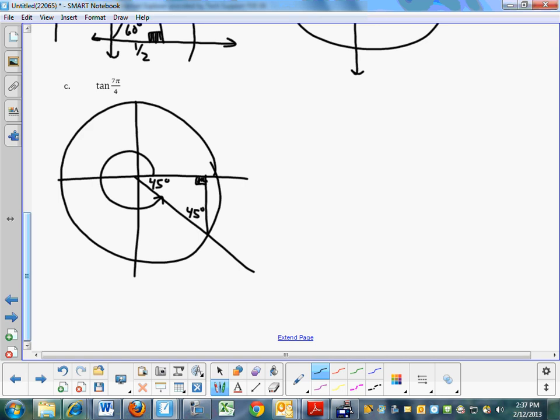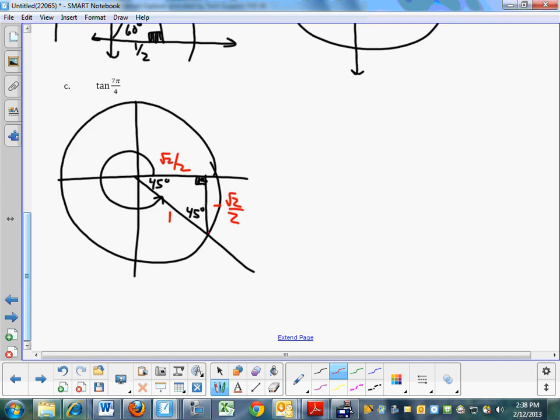Tell me, what is the R value? 1. What is the X value? Square root 2 over 2. What's the Y value? Y is a negative, because you are in the 4th quadrant, you're going down.